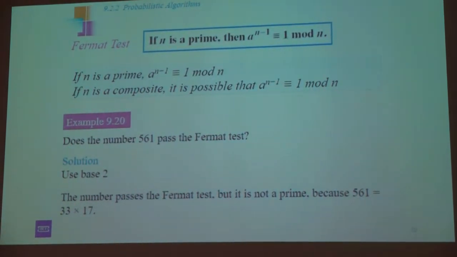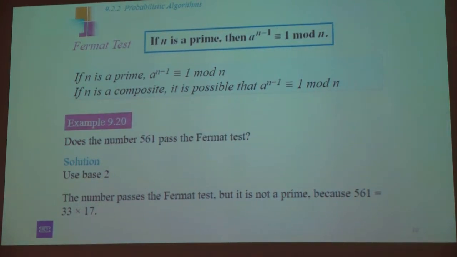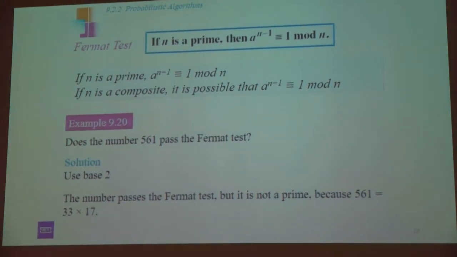let's take a look at the Fermat test. We already covered the Fermat test. So what does the Fermat test say? If n is a prime, then a to the power n minus 1 modulo n will give you 1.